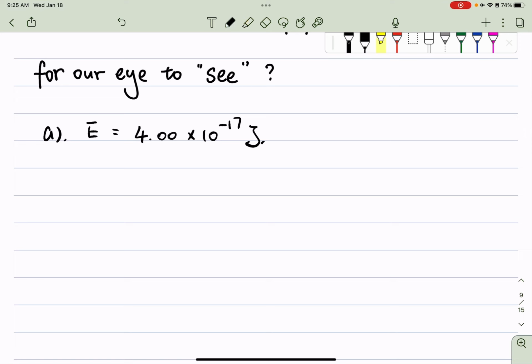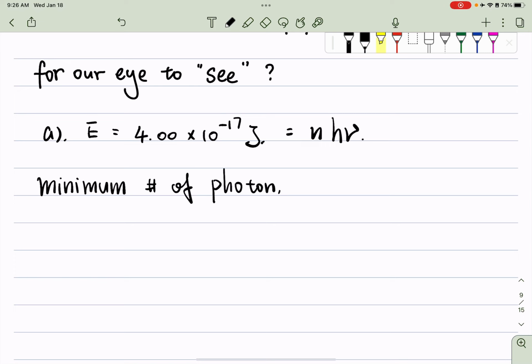In order to have the minimum number of photons, we should expect a large frequency. Think about it: if the frequency is large, we have E equals N times h mu. So if your frequency is large, then N is going to be a smaller number. We want the minimum number of photons.